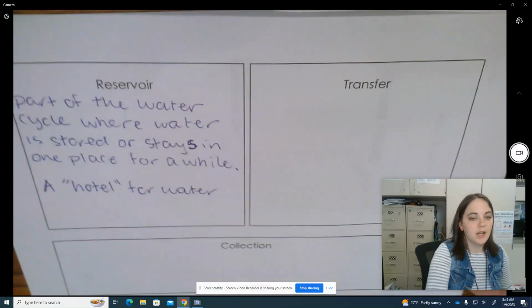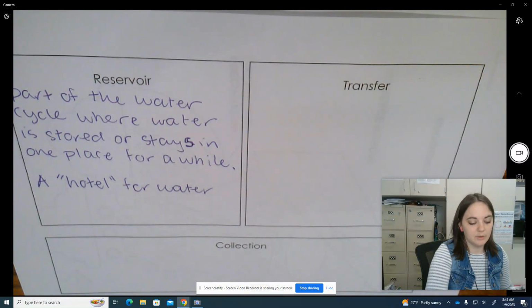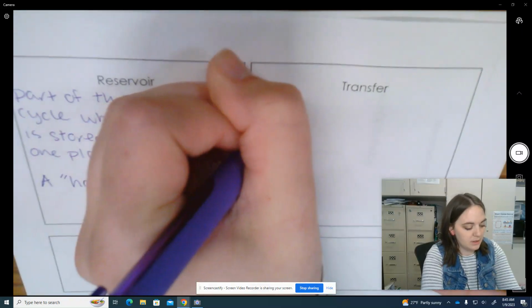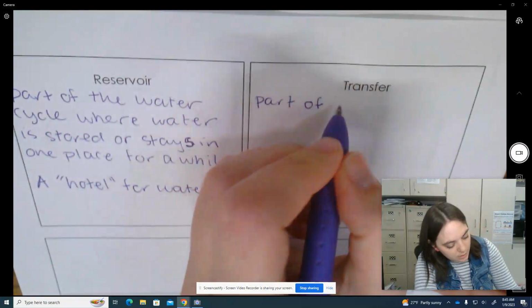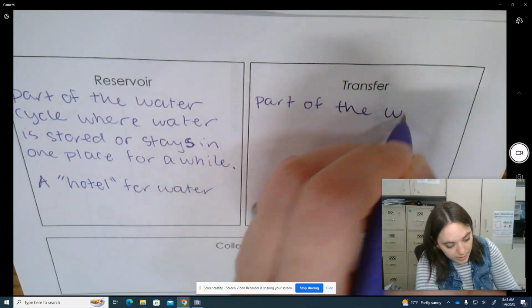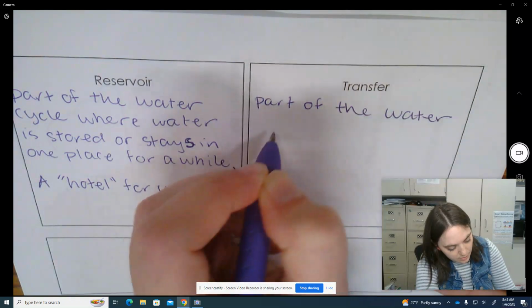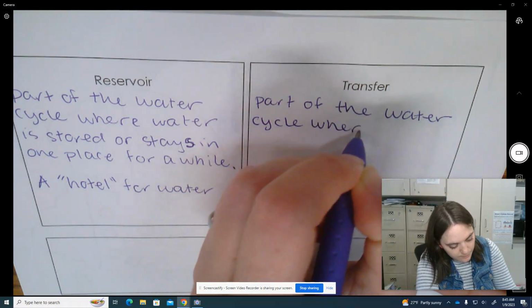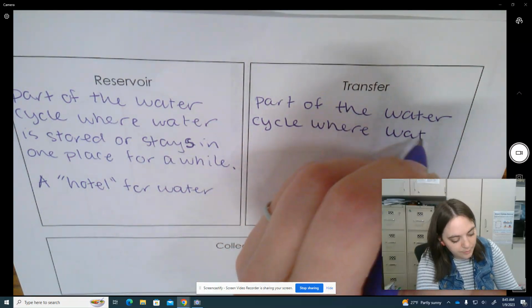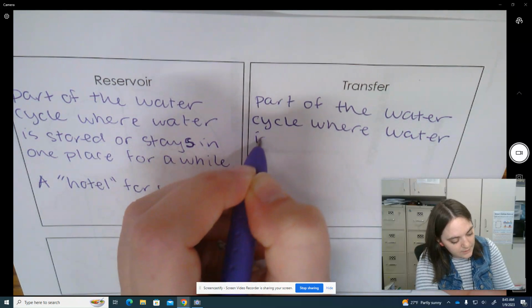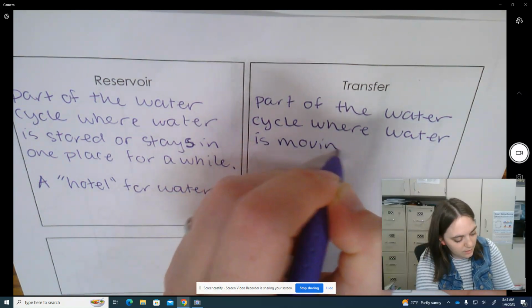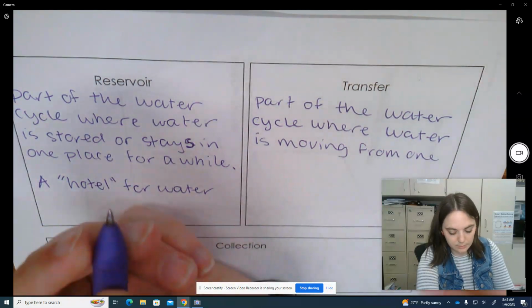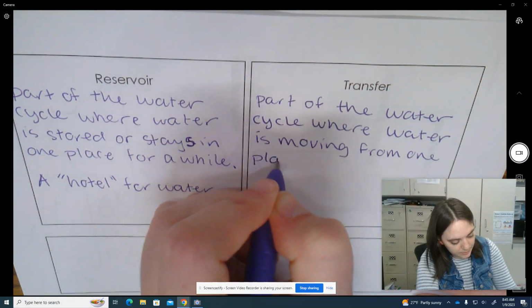Okay. A transfer is the opposite of a reservoir. So a transfer is part of the water cycle where water is moving from one place to another.